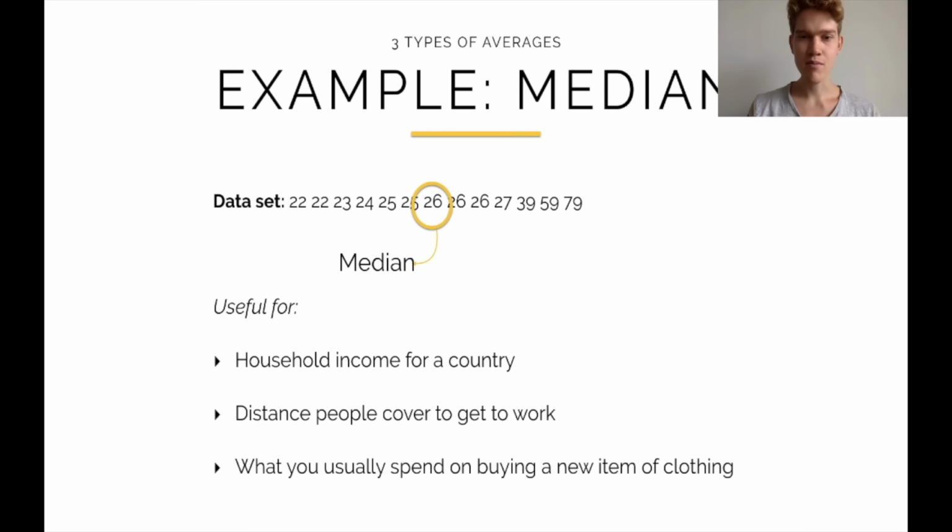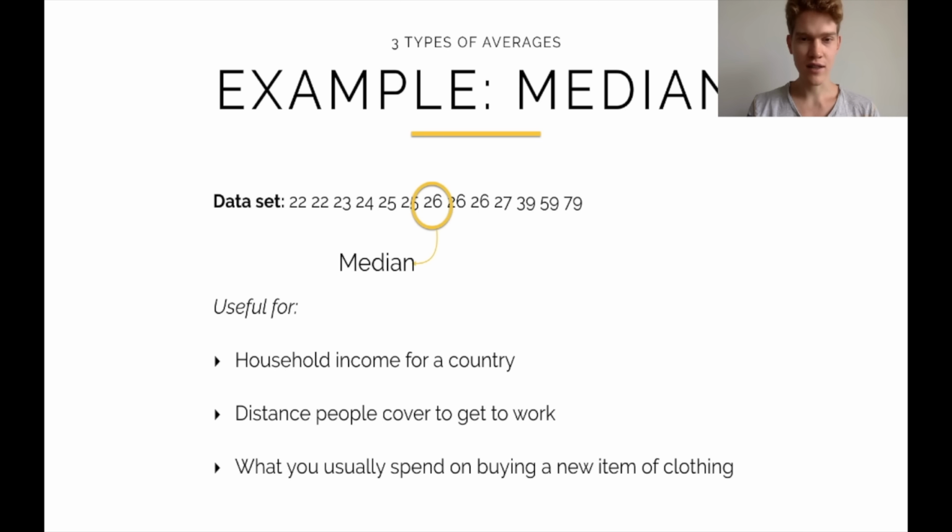But if you were to use the mean instead, all of the billionaires and millionaires in the country would change that, and the average household income per family would look like 60K, and that's a bad representation because it doesn't give you a realistic look at what the average household family has.